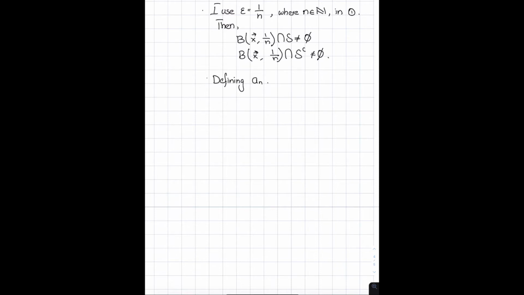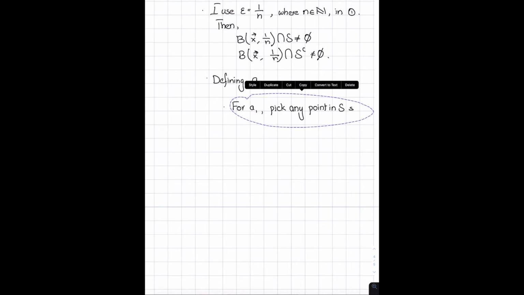Okay, so this is how it's going to work. For a sub 1, pick any point in S such that... or I guess this is not the right way to write it out.